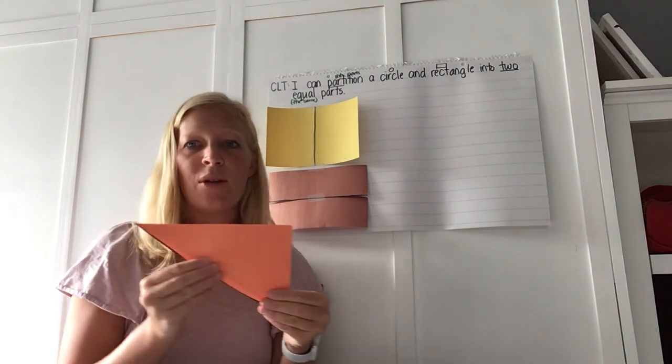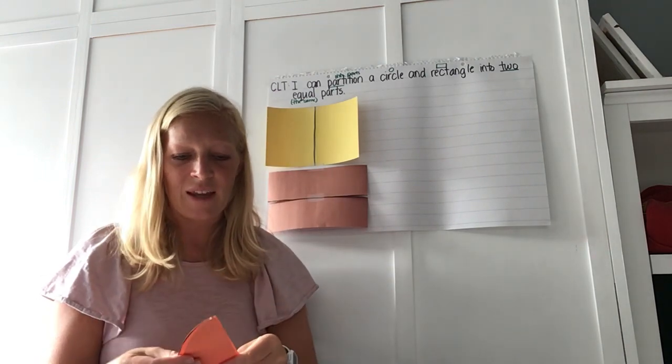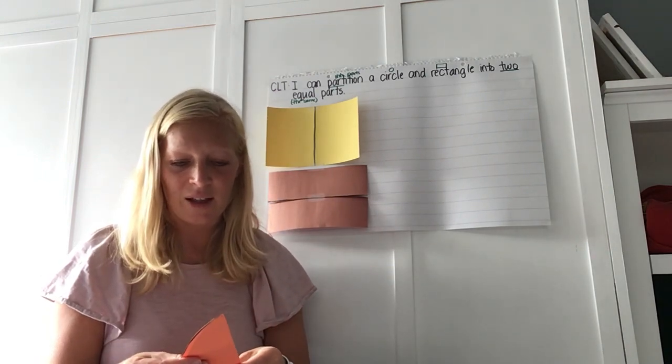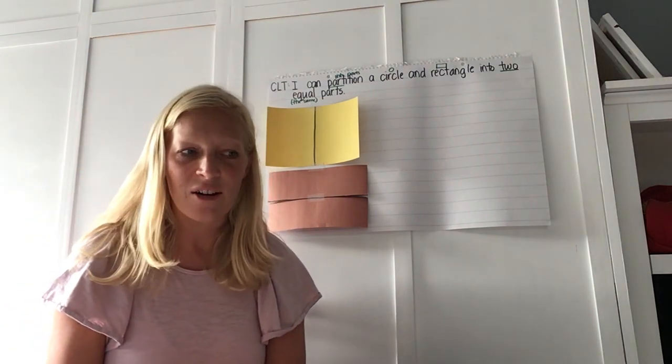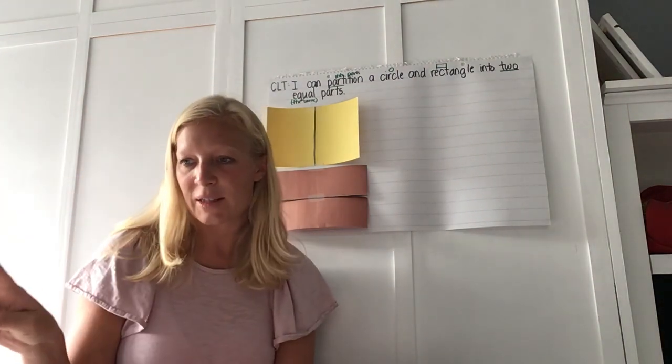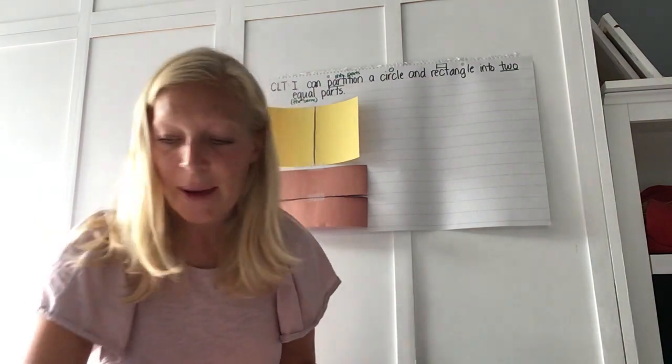And what do you notice? They are the same. Now you've got to make that cut really straight, don't you? But they are the same on both sides. So is this a way to divide our rectangle up into two equal parts? It is. Let's go ahead and tape that up.